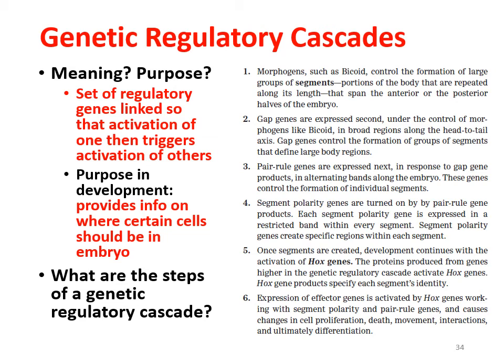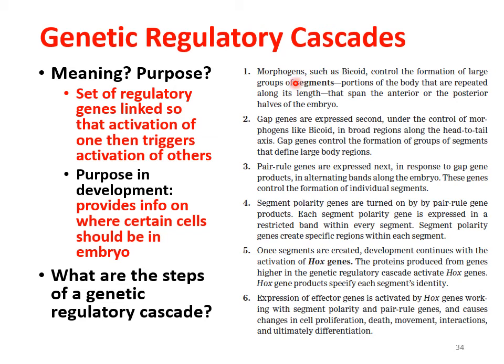Now over here I put from your textbook an example of a genetic regulatory cascade. It starts off with our famous little friend bicoid, the morphogen that we mentioned before for anterior versus posterior development. And so these morphogens in the first step will control the formation of main segments of what the embryo should be, so basically determining anterior versus posterior.